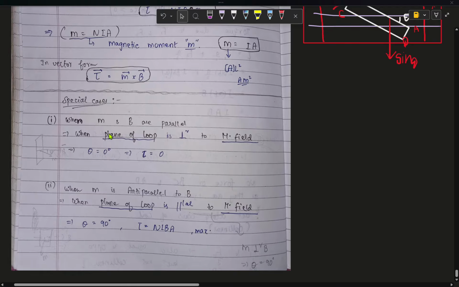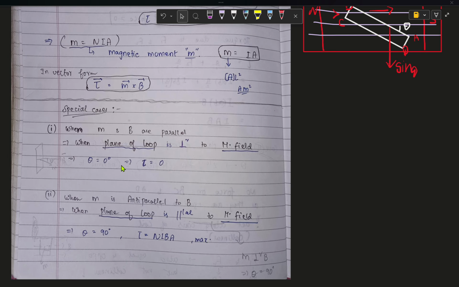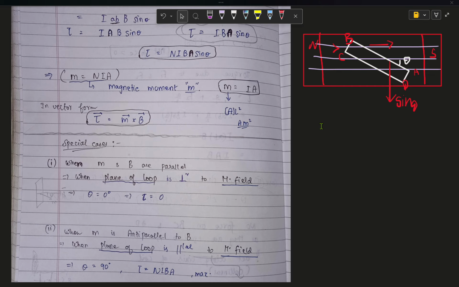Some special cases: when magnetic moment and B are parallel, there is no angle, right? That is when the plane of the loop is perpendicular to the magnetic field. Visualize it. If you have the plane of the loop like this and magnetic field is produced, the area vector will be like this. There is no angle.